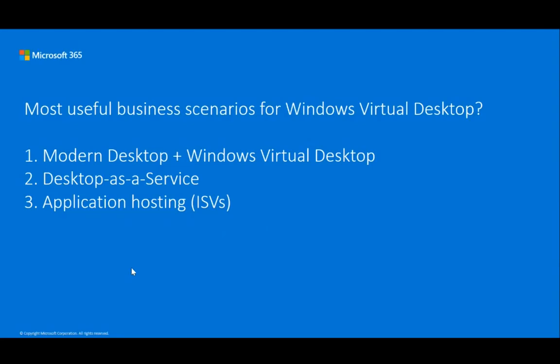The point to be considered here is that Windows Virtual Desktop is not specifically for desktop virtualization. You can host your application as well, same as we host applications in our RDS environment or in your Citrix environment, where a customer has an application and they access the application or the desktop as well.